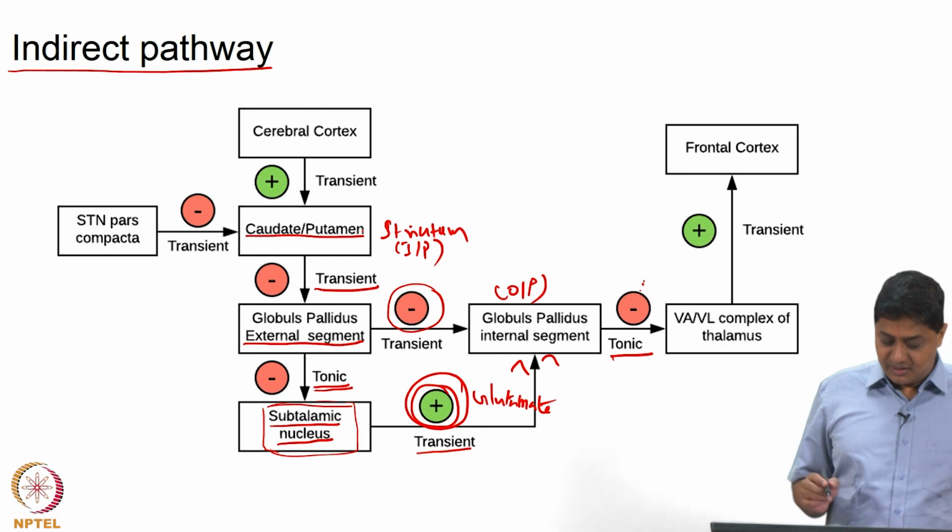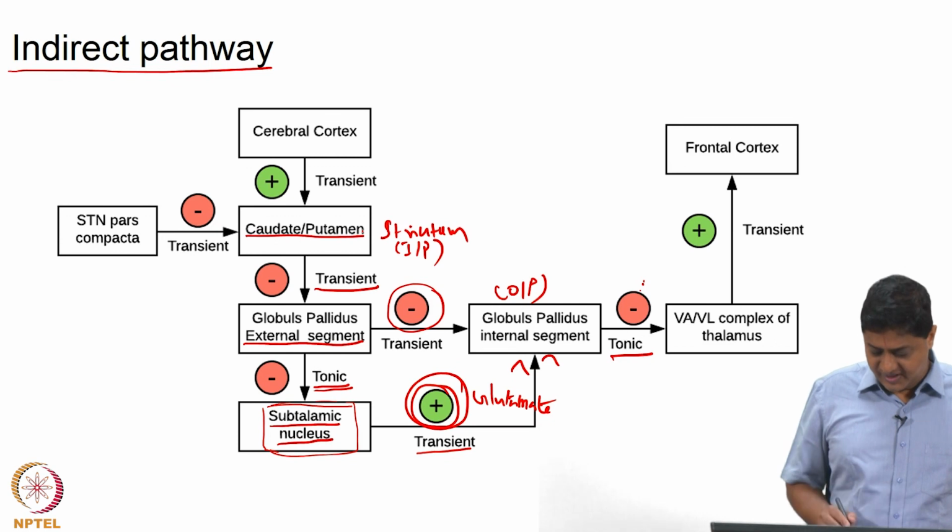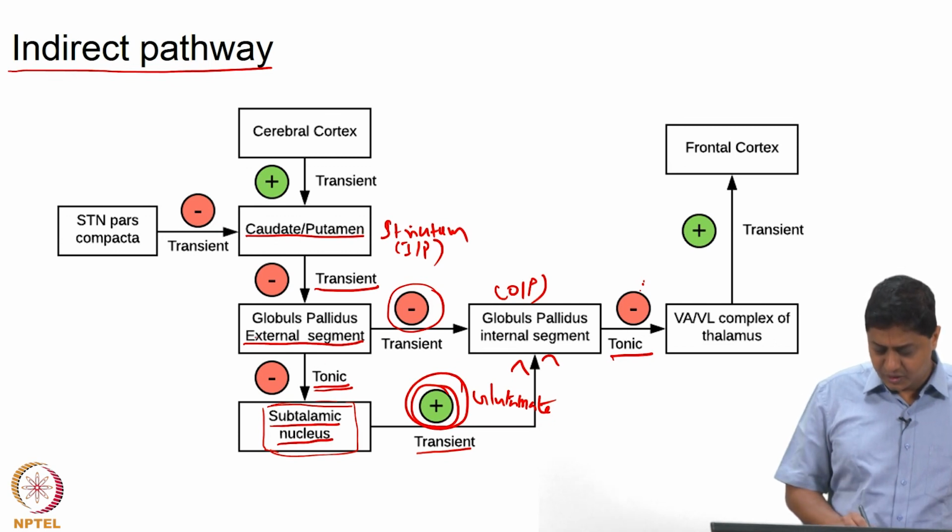So, inputs coming in from the striatum briefly transiently halt the activity or the tonic inhibition provided by the globus pallidus external. So, that means what?